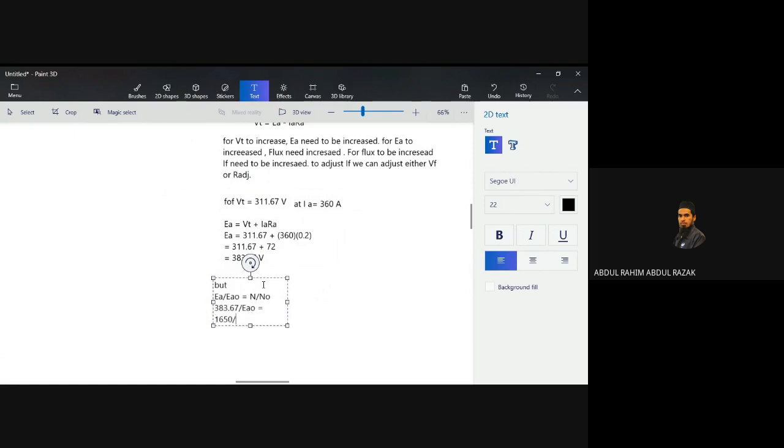we have not changed from the previous scenario, which is 1650. So we can calculate what should be the required EA naught at this moment. So what is EA naught?